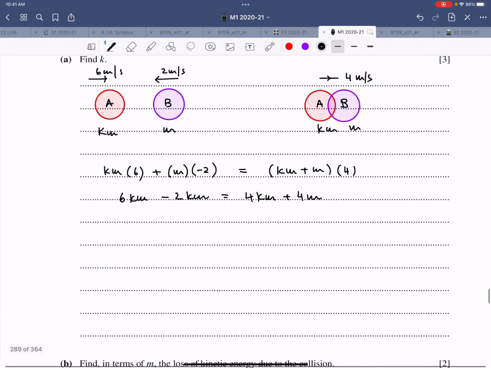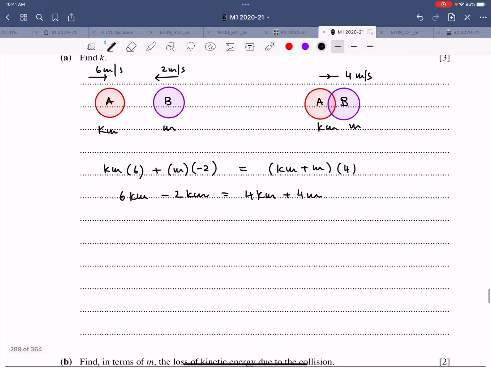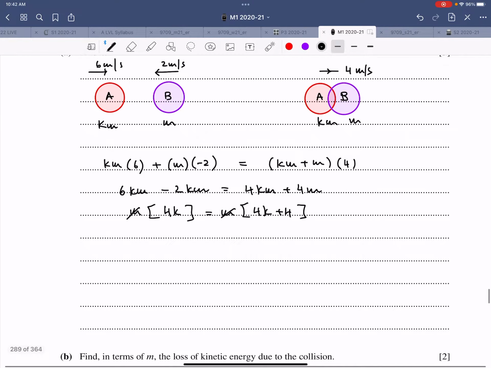And what exactly are you looking for? You are looking for the value of k. Maybe I've made some small mistake, because this is not km, this is m.